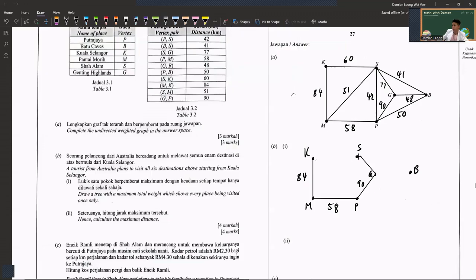Then 77 and 41. This one is, although low weightage, the least that I need to sacrifice. So this is the tree with the highest total weightage. So the maximum distance, just add together, 84, 58, 90, 77, 41.